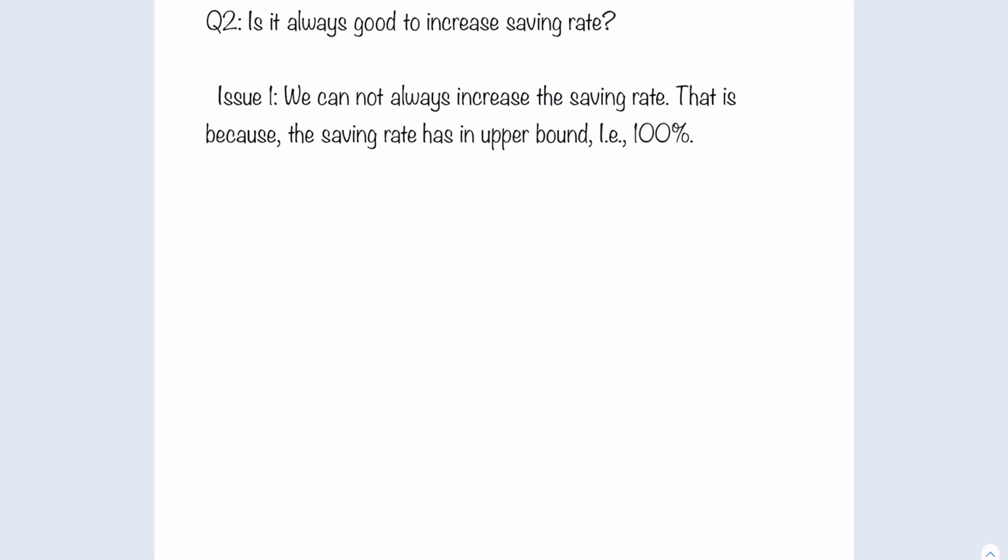So even though raising the saving rate can raise the output, it does not necessarily raise the welfare of a nation, because when we are looking at the welfare of a nation, we care more about how much people eat. When we are talking about a living standard, it is okay to look at the output per capita. So when we save 100%, it means that we eat nothing, so it is definitely not welfare improving.